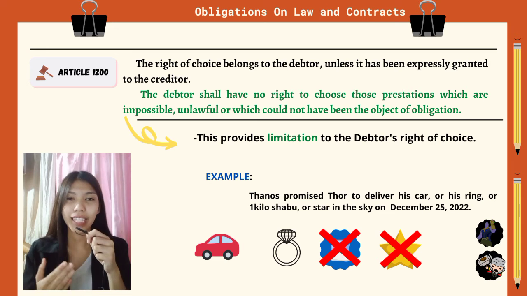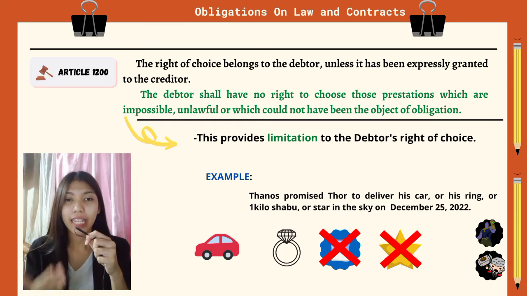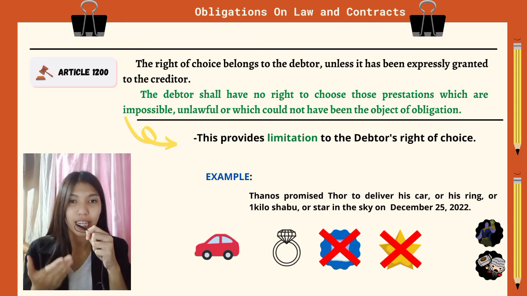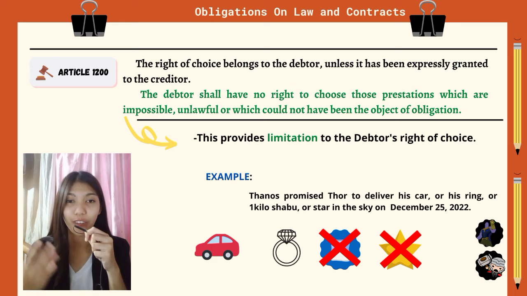And also, he cannot choose prestation number 4, which is the star in the sky, because it is impossible. So, in this example, the only options Thanos can choose are the delivery of his car or the delivery of his ring.